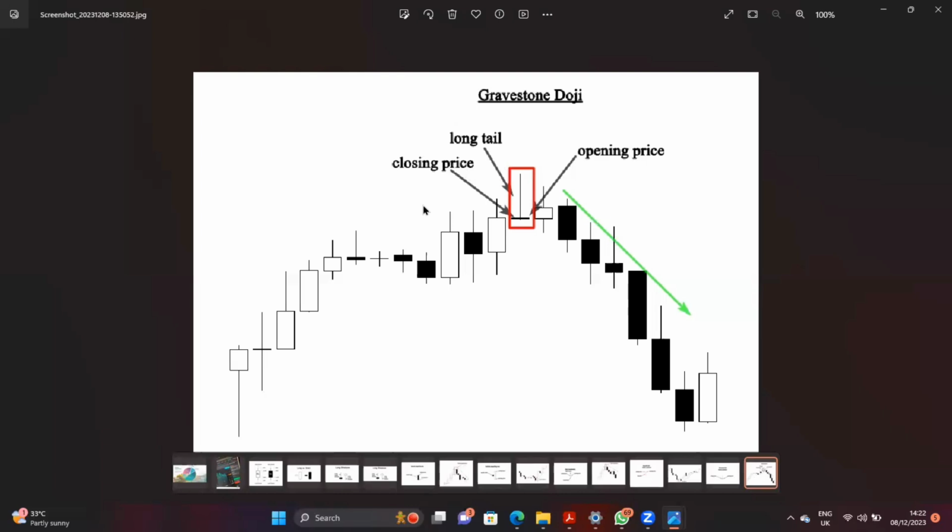All right, so let's proceed. I believe it is quite understood on that area. As a trader, let me mention this: you will need additional information about the placement and context of the gravestone doji to interpret the signal effectively. I will teach you about this in the next chapter.